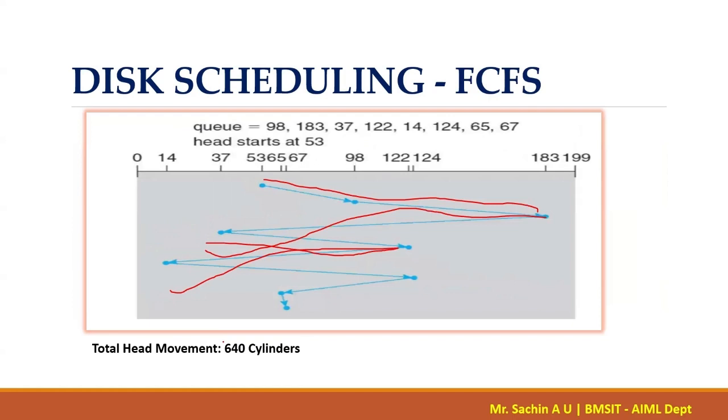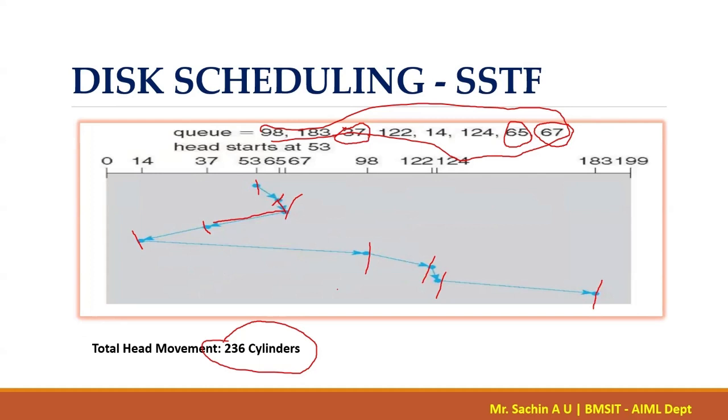So that is the beauty of shortest seek time first. When you compare it with first come first serve, this is definitely the more efficient scheduling algorithm. But this advantage comes at the cost of some overhead. What is the overhead over here?